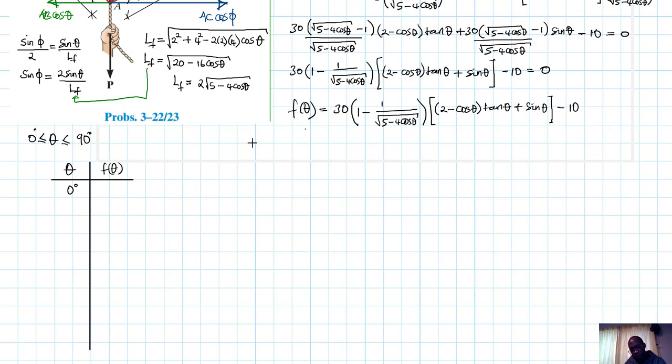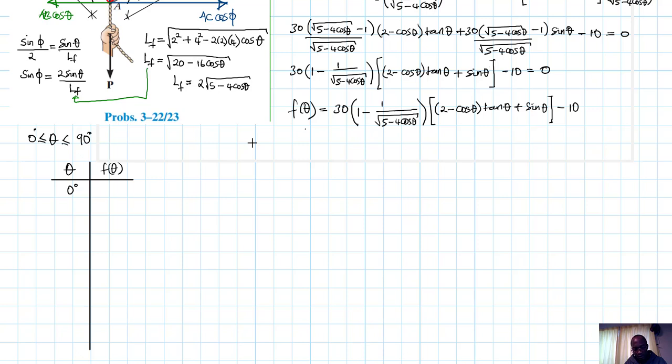I close the brackets, then times 2 minus cos, again 0.00.